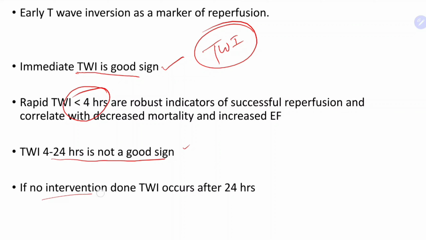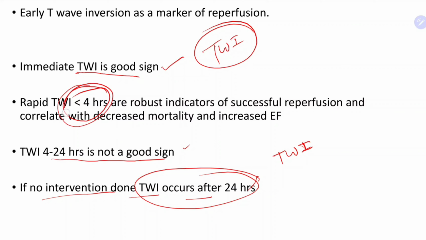Without any intervention, at the end of the day you will get T-wave inversion. In a post MI case, whether you thrombolyze or not, the end-of-day ECG will show T-wave inversions. But if you want to look for reperfusion, immediate T-wave inversion, less than 4 hours, is a robust indication of successful perfusion. This is what is important.